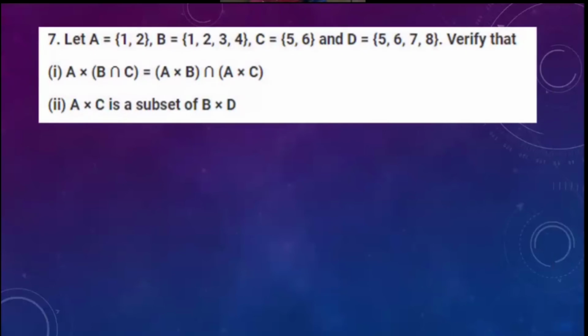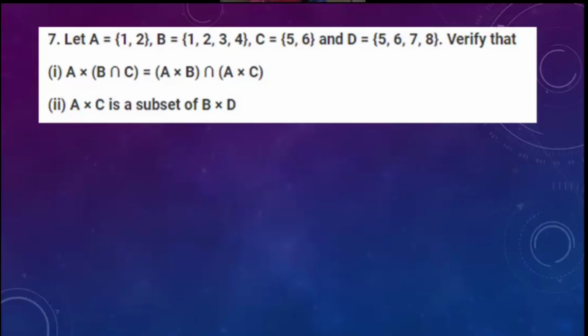See the next question. In the seventh question they gave A equal to {1, 2}, B equal to {1, 2, 3, 4}, C equal to {5, 6}, D equal to {5, 6, 7, 8}. You need to verify. This type of question you are going to get for 4 marks. Why? Because two bits are there.